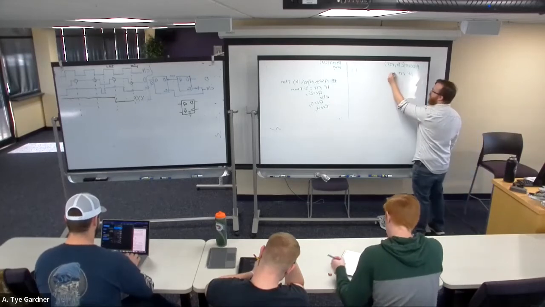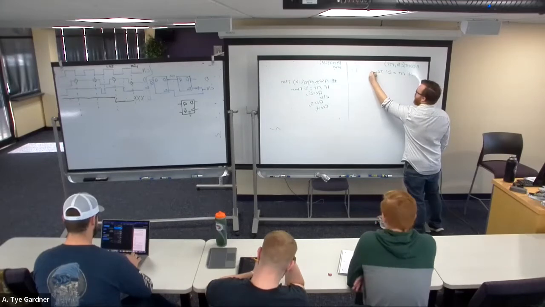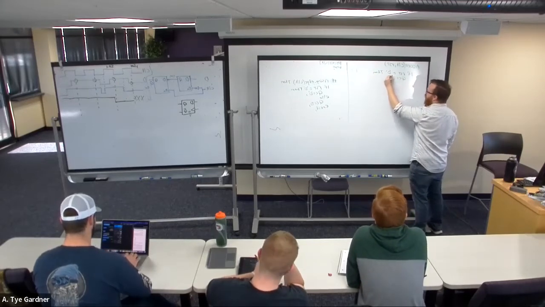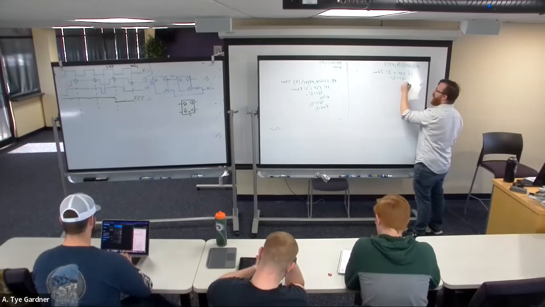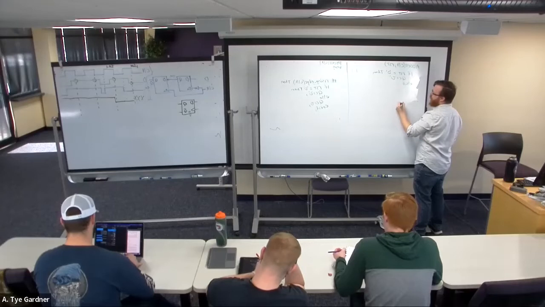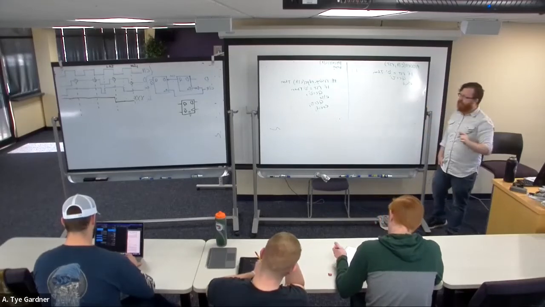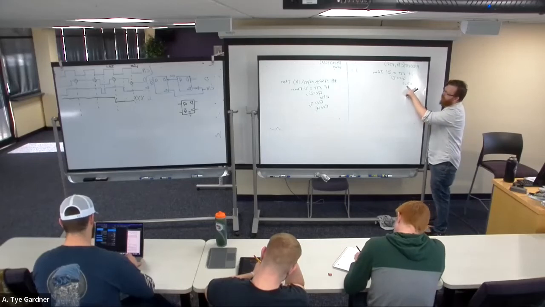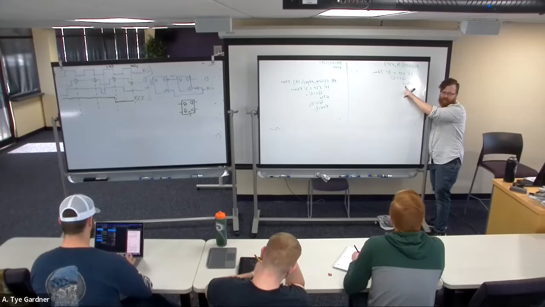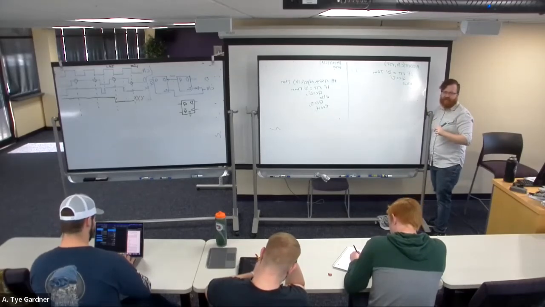Now I can say if reset is equal to 0, then Q gets assigned to 0, right? Reset. Else if, and this is an annoying thing about VHDL, the else if has no E. It's ELSIF, no space, no E. Be careful with that syntax.